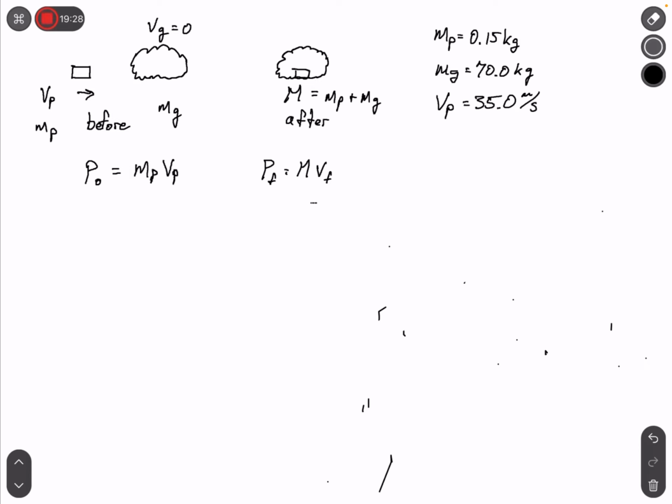What a big mess we have down here. Okay. So we've got that. Let's figure out what our question is. Our question is, what is the recoil velocity, or V final, of the goalie and puck combined? So, what is V final?